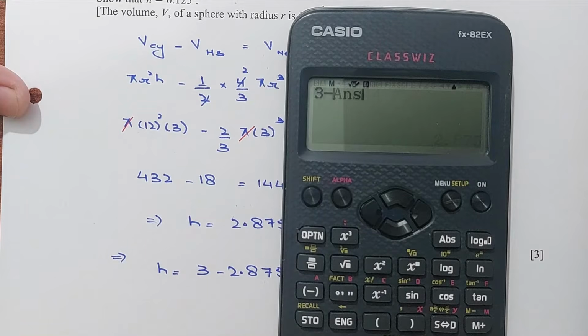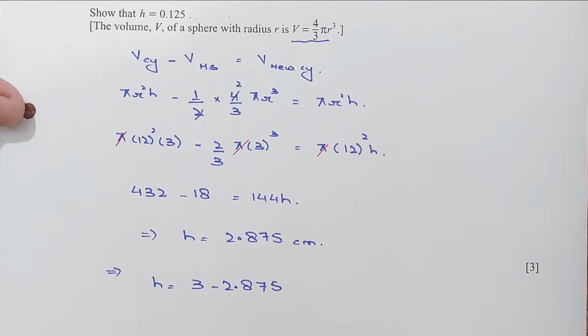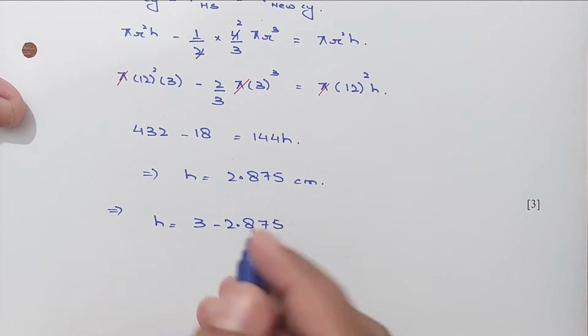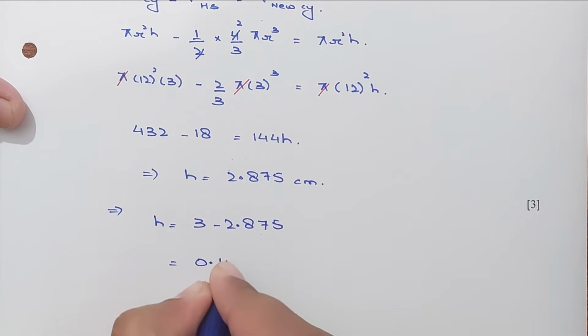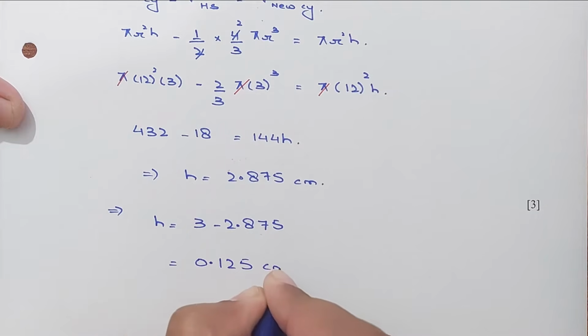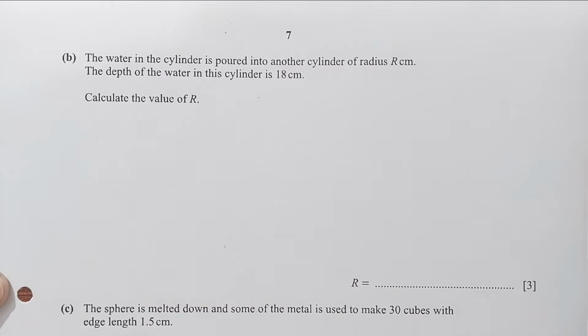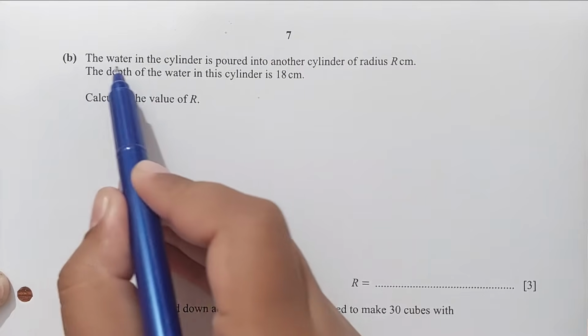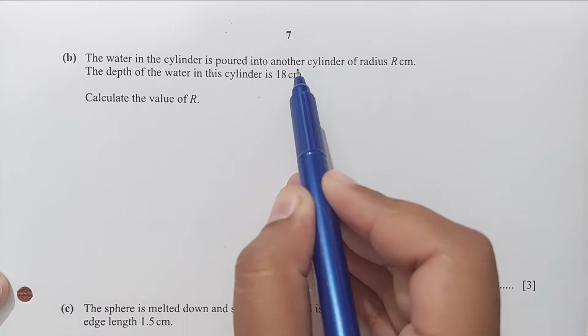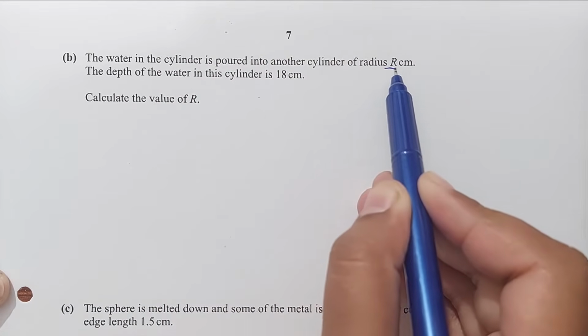So 3 subtract the answer, which is 0.125. So it is proved that the height is 0.125 centimeters, right?